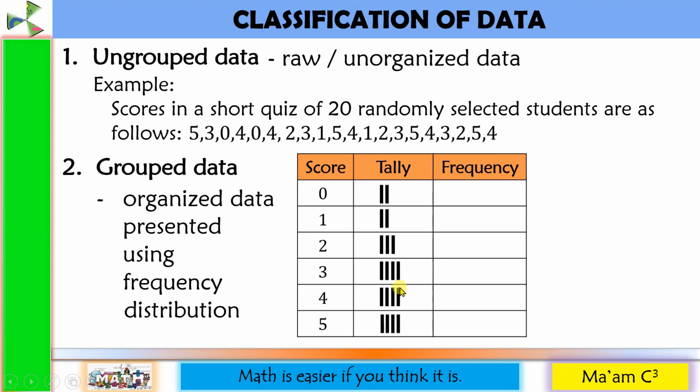If it is already the 5th vertical line, then you'll make it a slant line over the 4 vertical lines. Now, for the frequency, we're just going to write the numerical value of the tally. So this is 2, this is also 2, this is 3, 4, this is 5, and this is 4. This is an example of frequency distribution for ungrouped data.